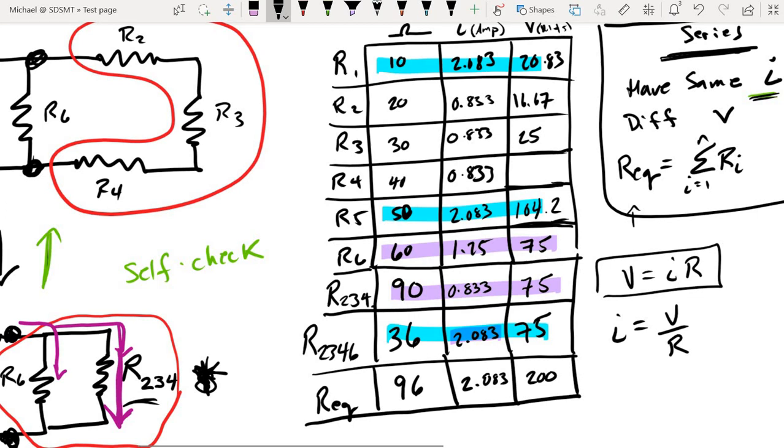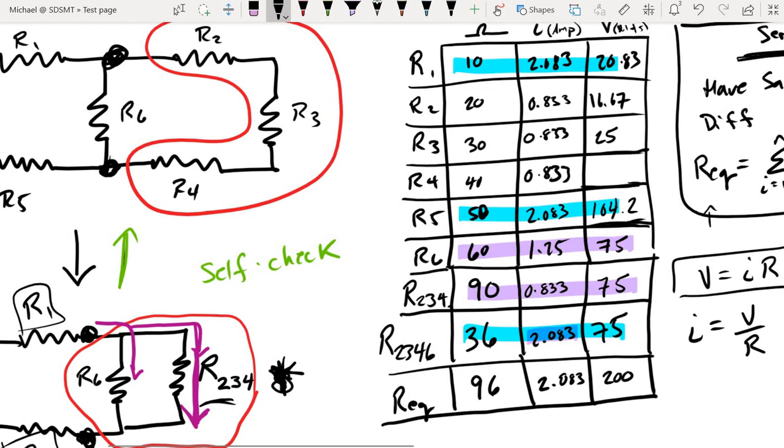And keep in mind what our self-check is going to be. Our self-check is that whatever the potential difference is across all three of these resistors has to equal the potential difference across resistor 2, 3, 4. Well, resistor 2, 3, 4 had a potential difference of 75, and we've already used up about 42 of those volts.